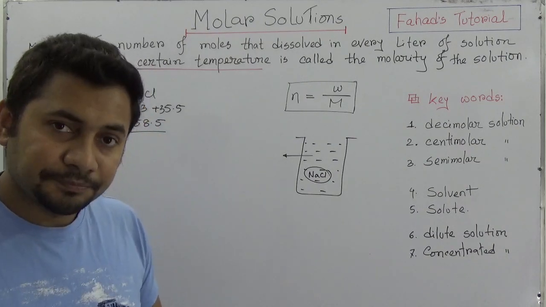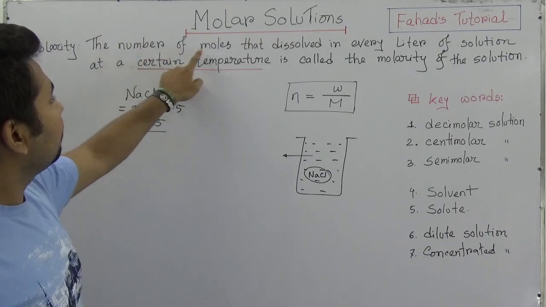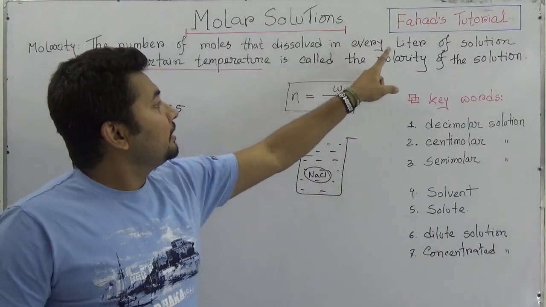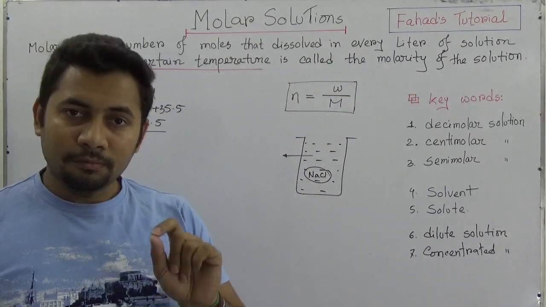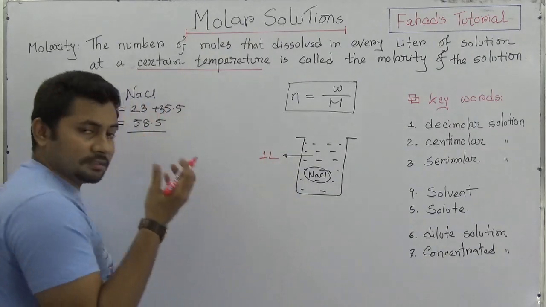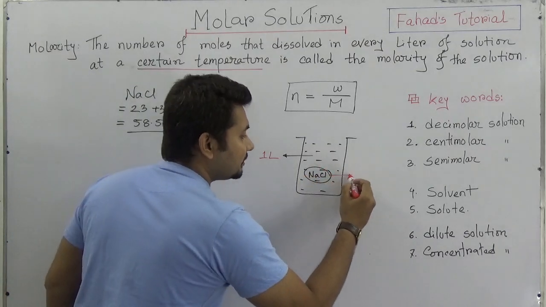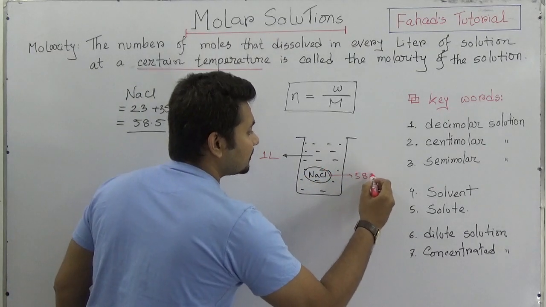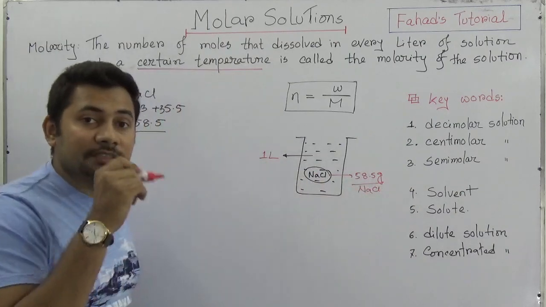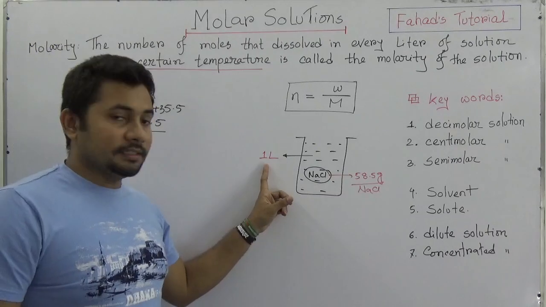What is the definition? The number of moles that dissolve in every liter of solution. So suppose this is a 1 liter solution, and here 58.5 gram sodium chloride is dissolved, and the solution is 1 liter.